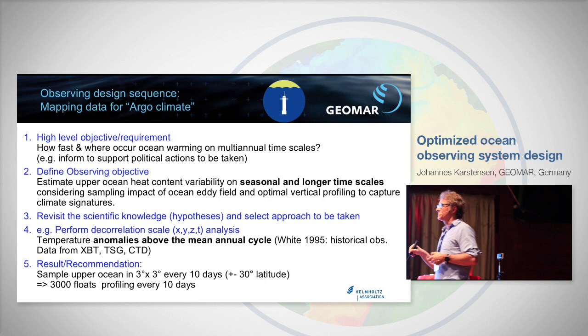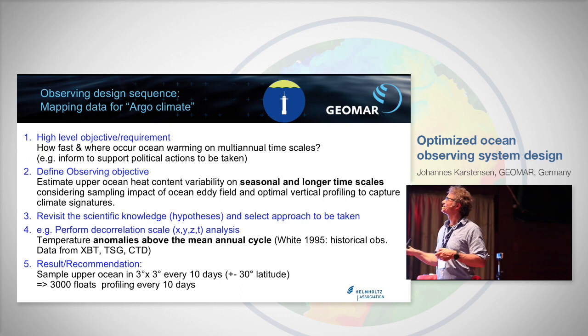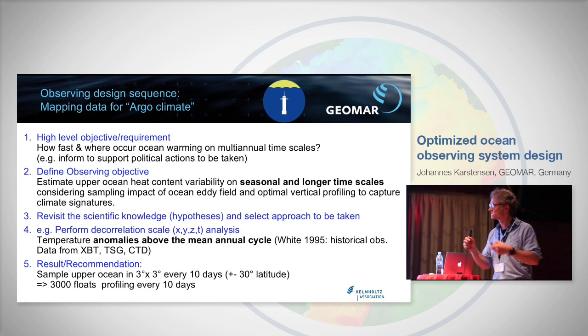Then what was outlined in the science plan in collaboration with the community was to estimate these upper ocean heat content changes on seasonal and longer timescales as an indicator for ocean warming. Warming is, of course, not the same as heat content. Heat content is already a concept, while warming is just putting in the thermometer.